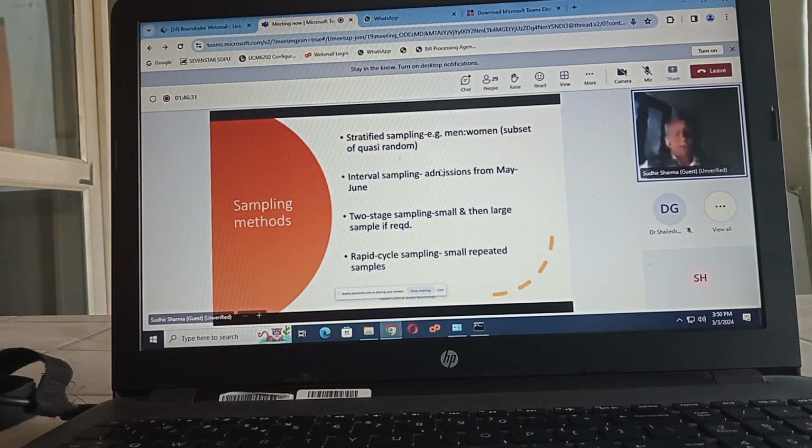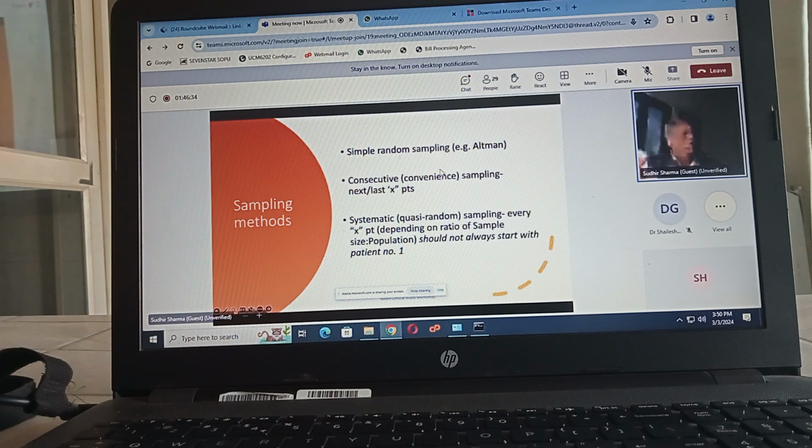So what is quasi-random? That means 250 out of 1,000. Sample size of 250 out of a population of 1,000. That means 25%. That means 1 in 4 person gets a chance to be in the sample. So you take every 4th person walking in through the door to your sample.